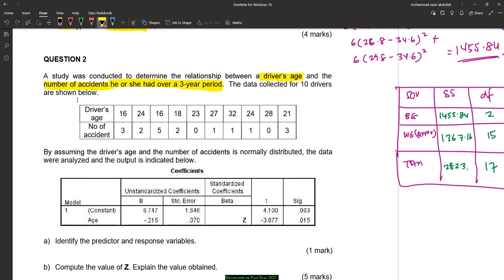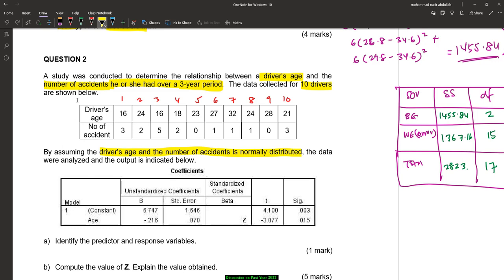So the data collected for 10 drivers. Right, so kita ada 10 drivers. This is 1, 2, 3, 4, 5, 6, 7, 8, 9, 10. Right, so assuming that the driver age and number of accidents is normally distributed. So this is normally distributed. The data were analyzed and the output were indicated below.